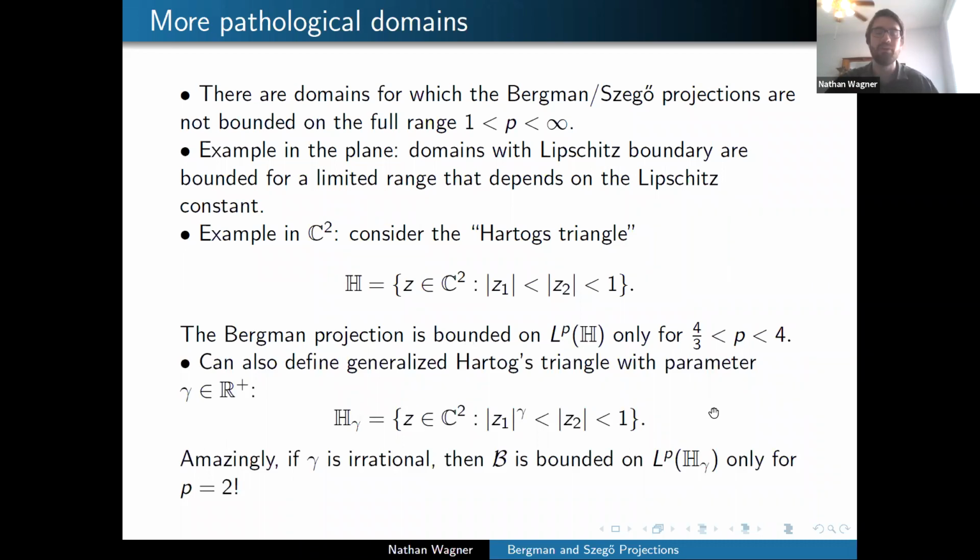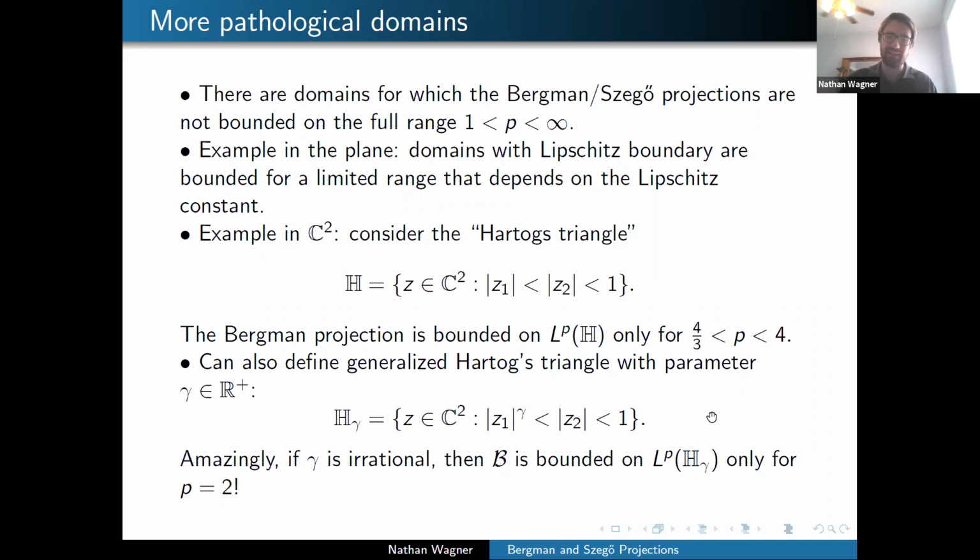And so Luke Edholm and Jeffery McNeal did more work on this and studied what they called generalized Hartogs triangles. So you can take a parameter gamma in R plus and look at this domain. It's the set of z in C^2 so that |z1|^gamma is less than |z2|, which is less than 1.